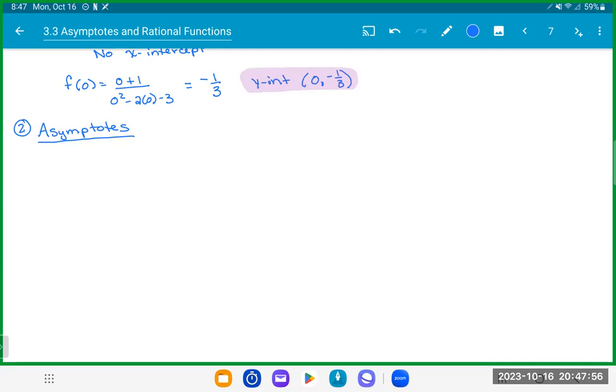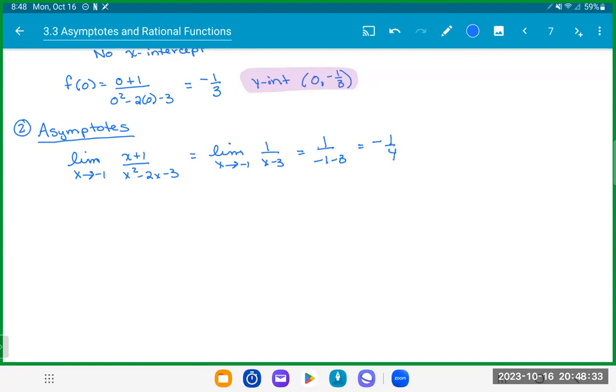So if we look at the limit as x approaches -1 of (x plus 1) over (x squared minus 2x minus 3), that equals the limit as x approaches -1 of 1 over (x minus 3), which equals 1 over (-1 minus 3), so -1/4.